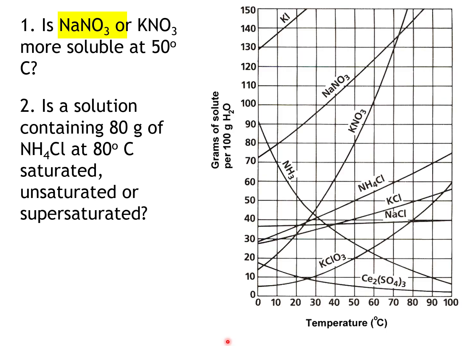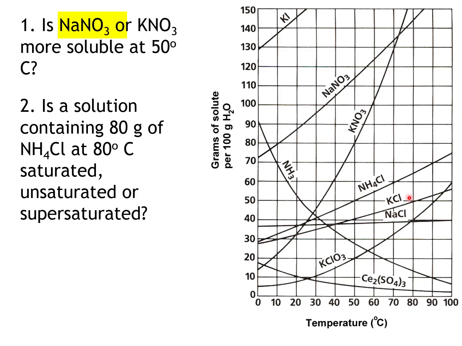And then the next one, so we have a solution of ammonium chloride at 80 degrees C. It wants to know if it's saturated, unsaturated, or supersaturated. So these lines refer to the maximum number of grams. That means if it's on the line, the data point that you're talking about, it is saturated. If it's under the line, it is unsaturated, and if it's over the line, it would be supersaturated.